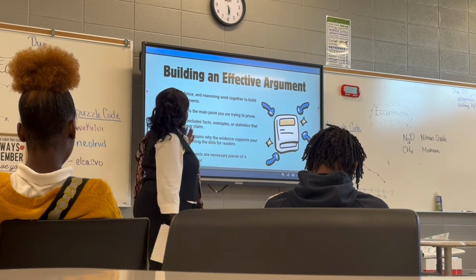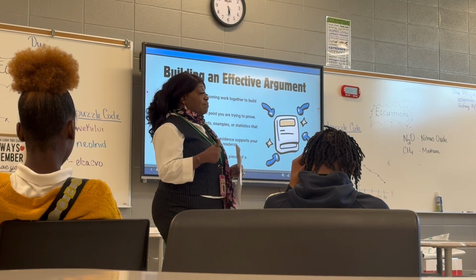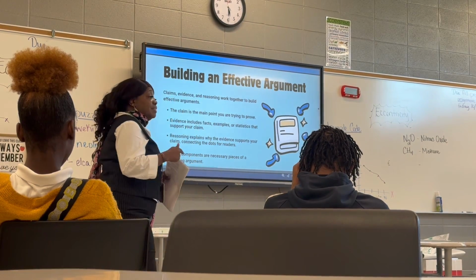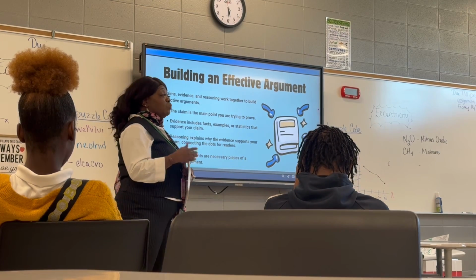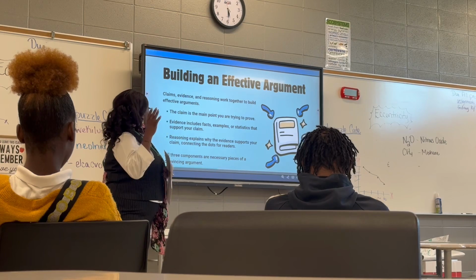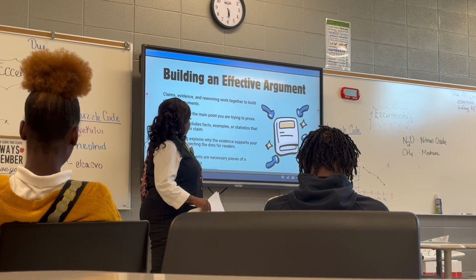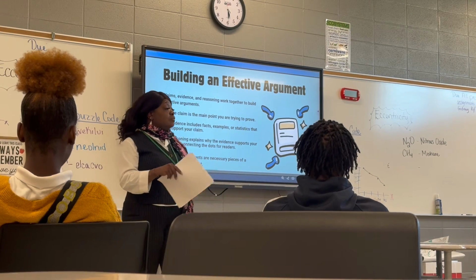So when you're reading the story, you really want to get all the facts. You want to make sure you get all the evidence, so you can write your reasoning for why each piece connects to that story.